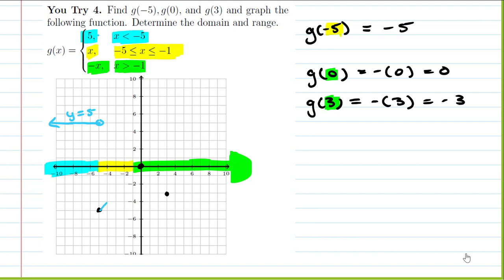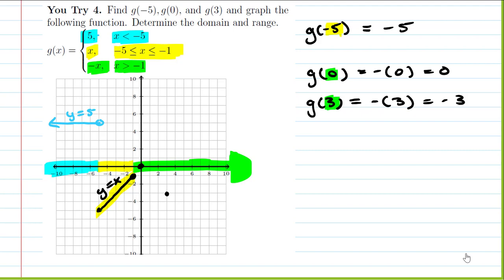It has slope 1. So it's going to go slope 1, and it gets to this point, and it stops at -1. And that's my yellow part, and that's just the line y equals x, because that's what my rule is. Then the last part in green is the line y equals negative x.